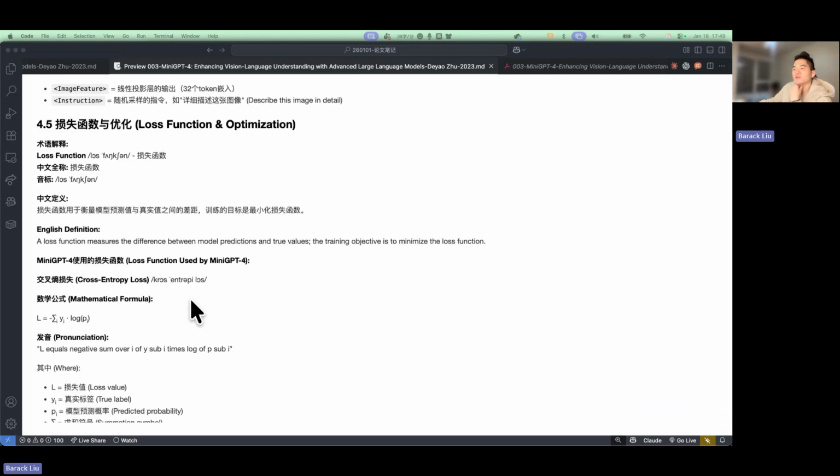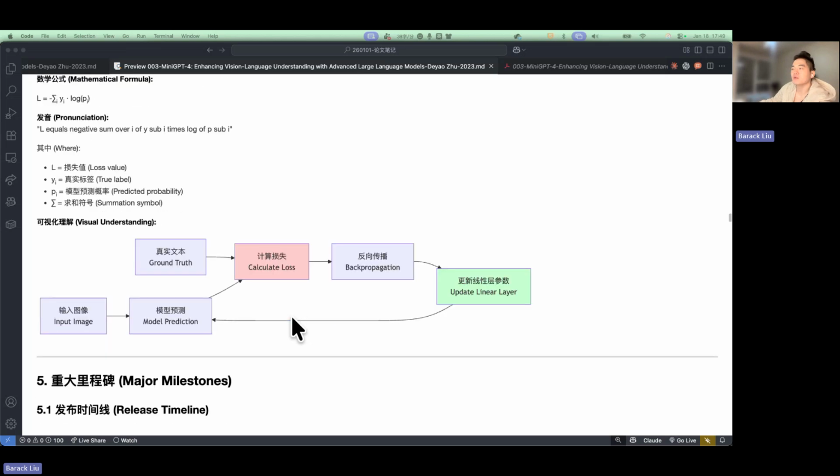Cross entropy loss. L equals negative sum over i of y sub i times log of p sub i. So input image, model prediction, calculate loss, ground truth, backpropagation, update linear layer.